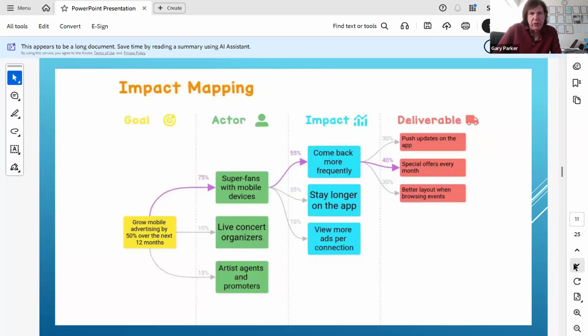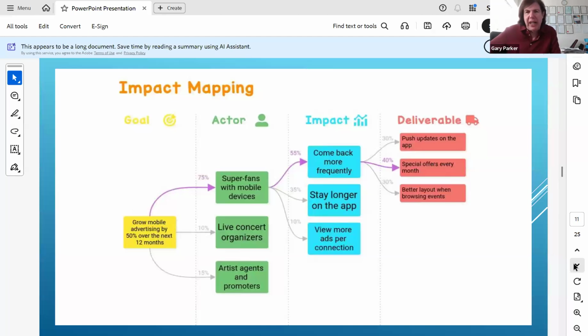The actors, or the people taking part in this or worked with, were superfans with mobile devices, live concert organizers, and artist agents and promoters. So you've got a number of actors. They're not all necessarily working together.